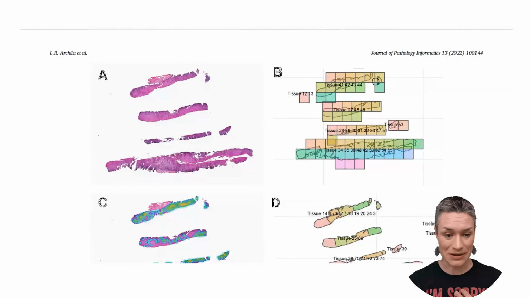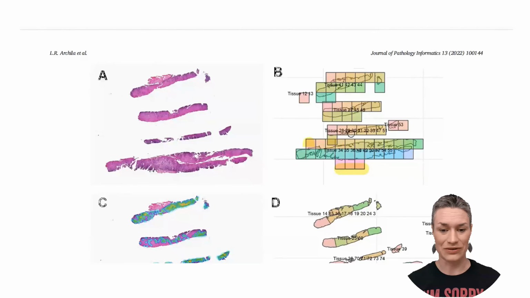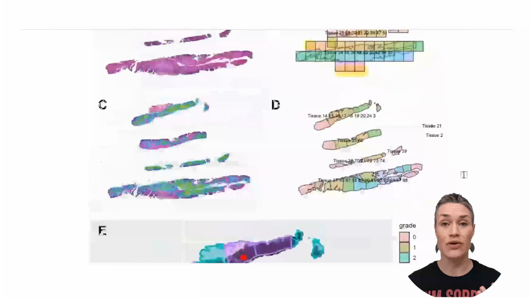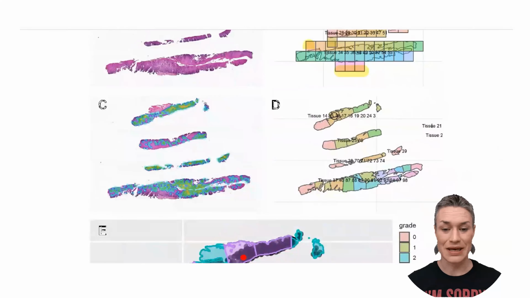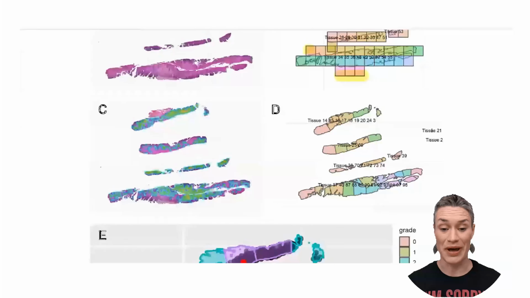But the problem here is that you can see that this tile, for example, is mostly non-tissue. So this is not really that helpful, but there is a different method called Voronoi, a method that helps you divide this into fragments that have more or less the same area. This method is used in biology, and the authors here adapted it to pathology as well.